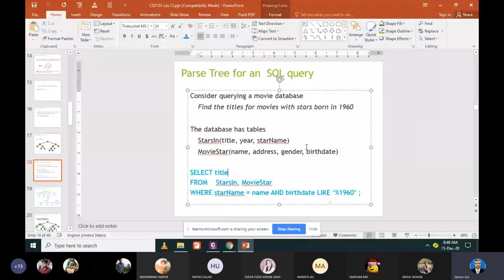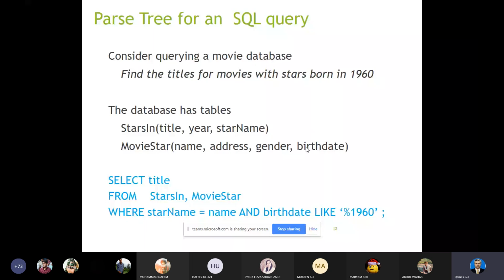So, find the titles for movies with stars born in 1960. The database has tables: stars in, with title, the title of the movie, year of the movie, and star name. Then for the movie star, you have another table, so you have these two tables.